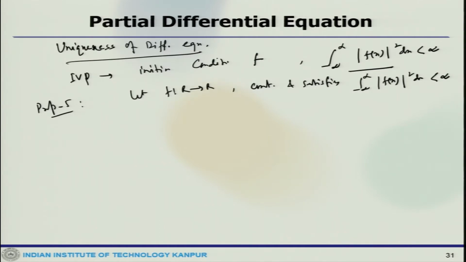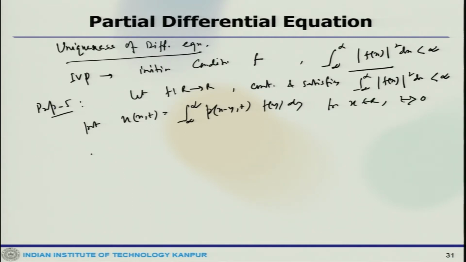Then we can put u(x,t) equals the integral from minus infinity to plus infinity of the kernel times f(y) dy, for x belongs to R and t greater than 0.